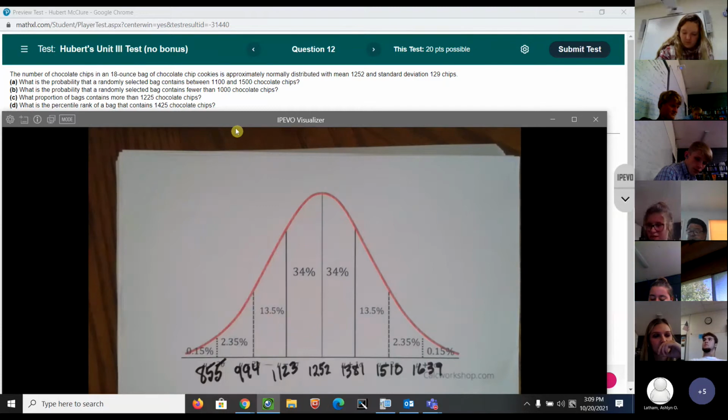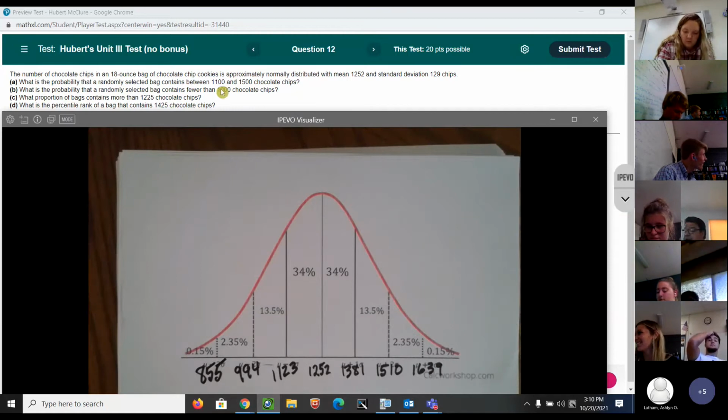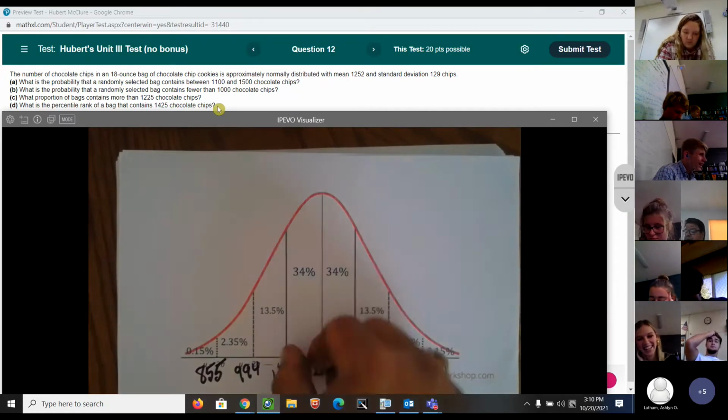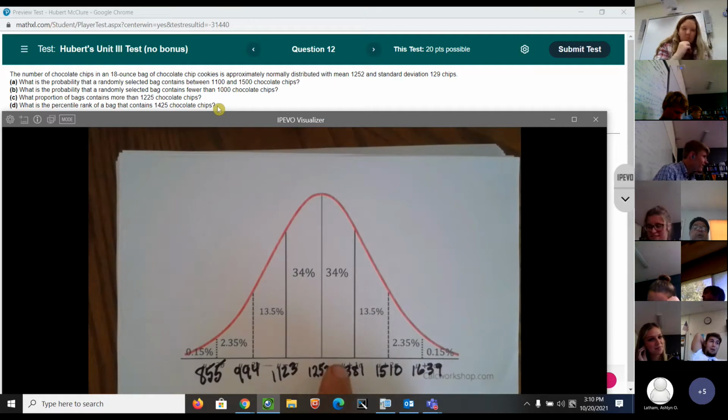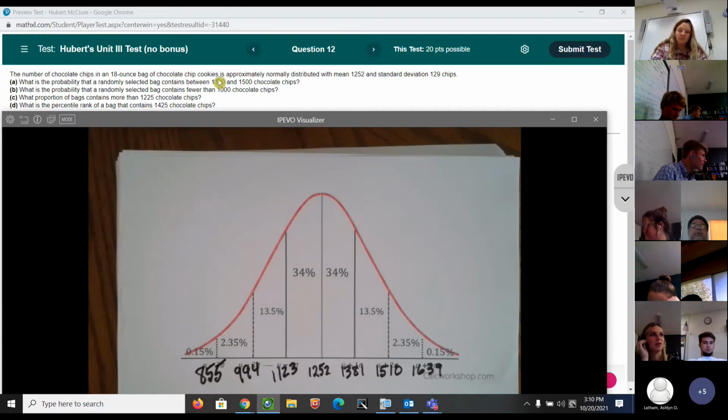Thank you. And of course, they're going to ask you what is the probability between 1100, and you're going to have to calculate that z-score or put it in your new calculator, 1252 and 129, and then do it between 1100 and 1500, and then less than 1000, and then more than 1225, and then inverse norm.